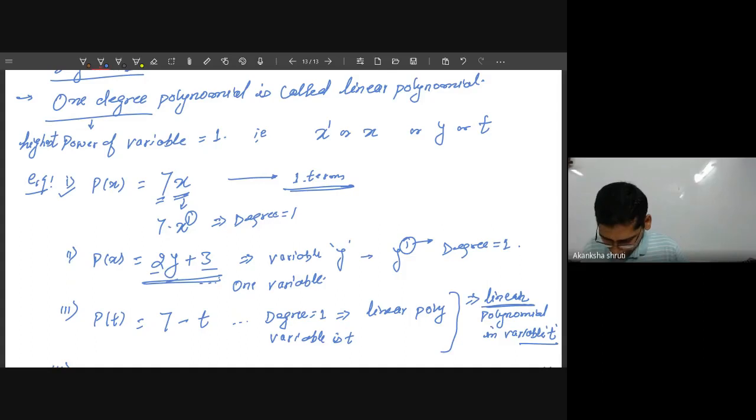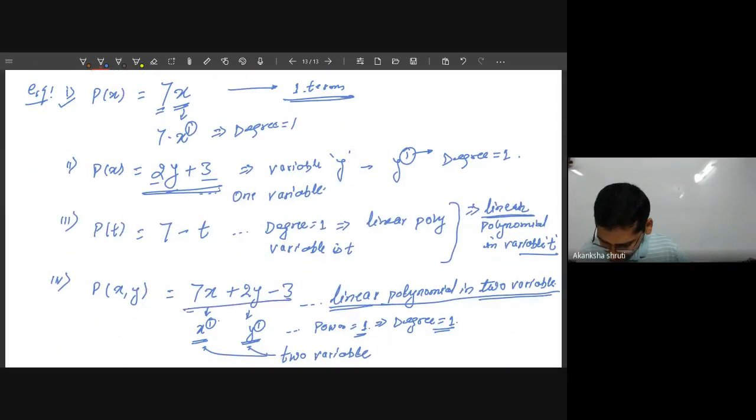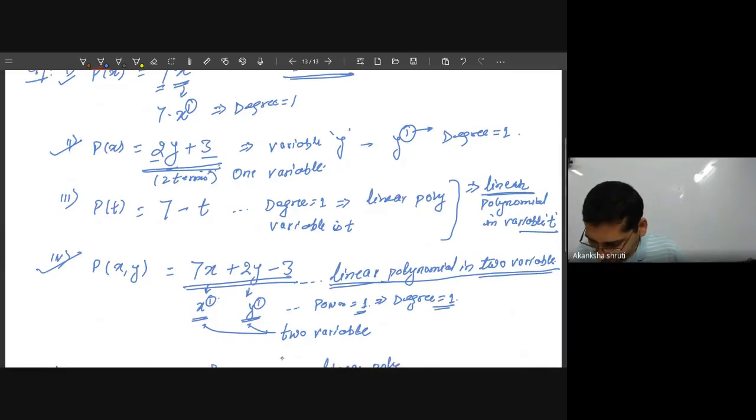Here it contains 3 terms. So depending on the number of terms it is also named, as monomial, binomial, trinomial. Those things we will also write.